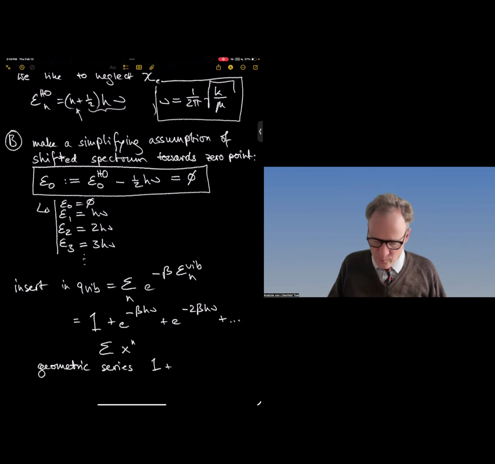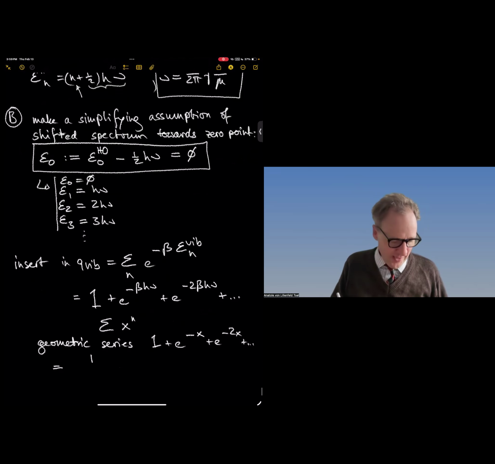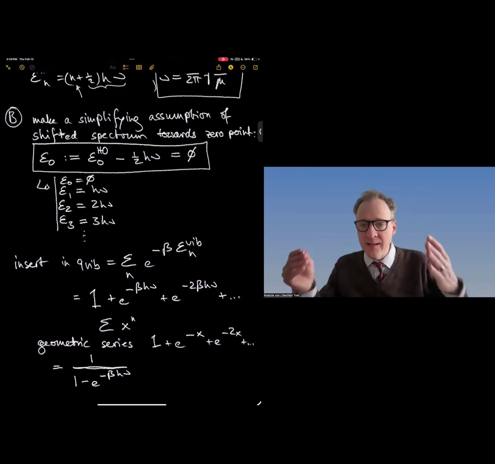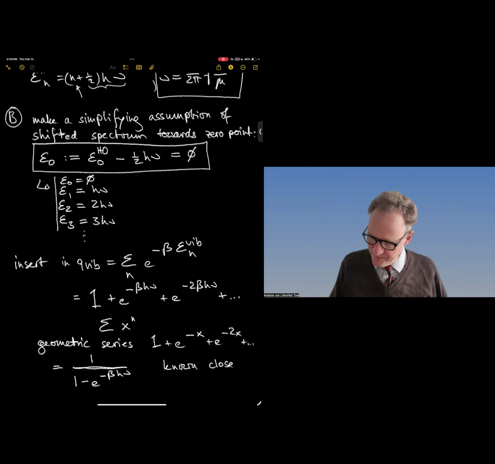And in particular, for 1 plus e to the minus x plus e to the minus 2x, etc., we know that this is 1 over 1 minus e to the minus beta h nu, right? So the n has been integrated out, if you wish, right? And this is a known closed form expression.